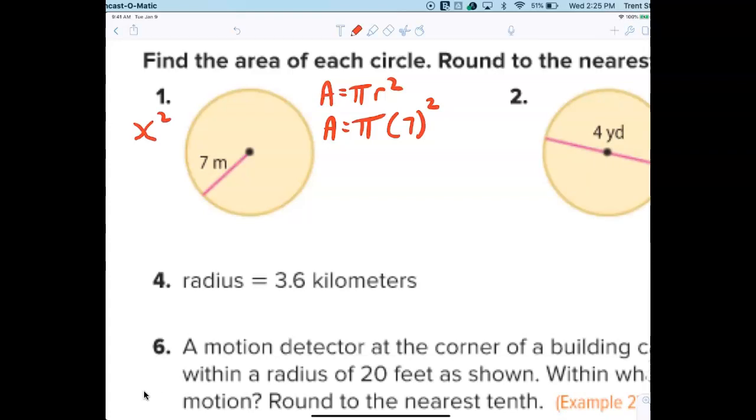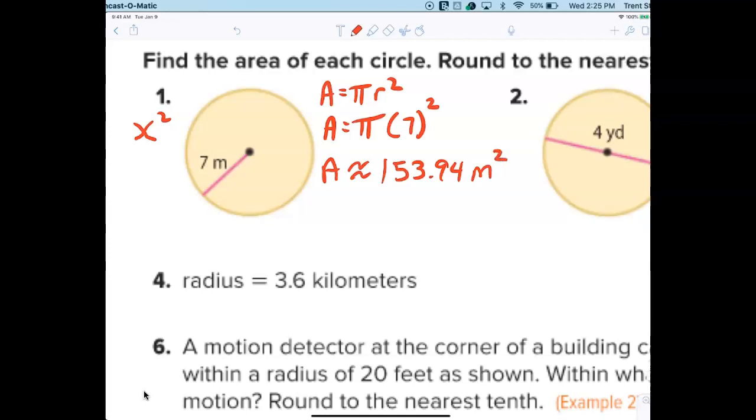After you hit the square button, you have to hit equals. The area is approximately 153.9. We're rounding to 2 decimal places, and then we say meters squared.